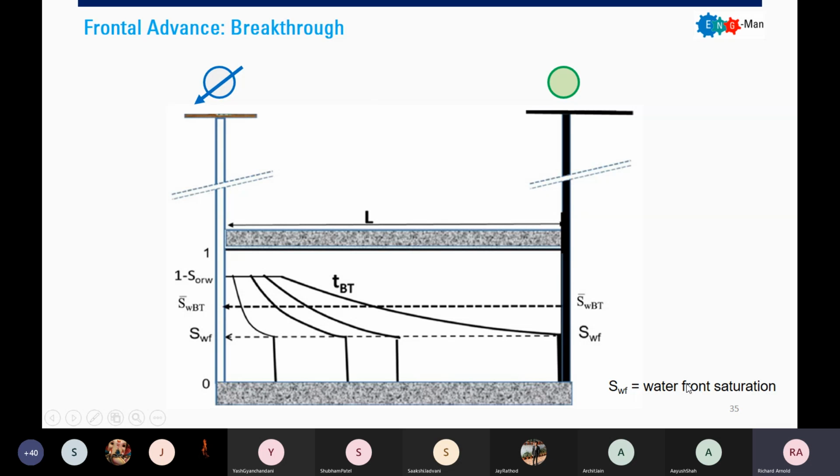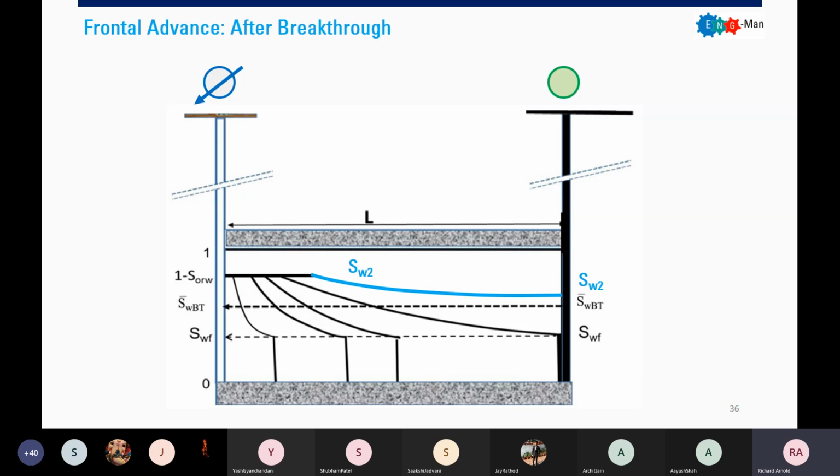Okay, and the average water saturation at water breakthrough time is called this one, average water saturation at breakthrough. Okay, so we can now get a sense of an average saturation of the reservoir. Okay, please remember, we are talking about average reservoir saturation.